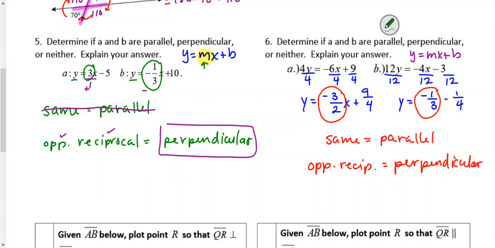All right, so these two lines, the red circles are not the same. Opposite, let's check. Ooh, this one's negative and this one's negative. So it's not opposite, so it can't be perpendicular. So these are neither.